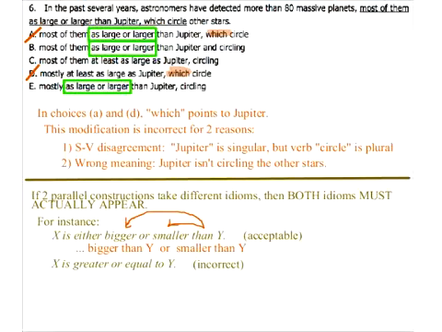On the other hand, the problem here is that you don't say greater to, you say greater than. So this sentence is incorrect because the requisite idioms are greater than and equal to.